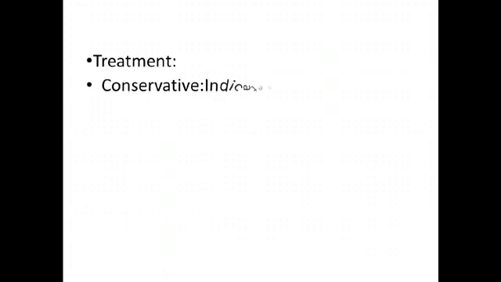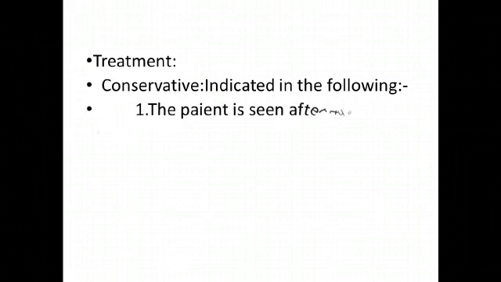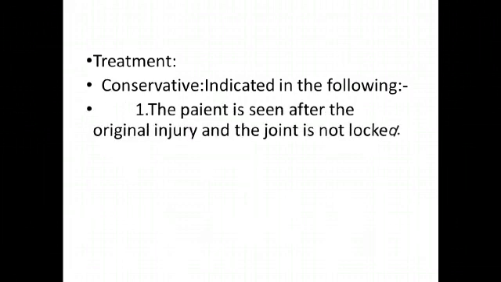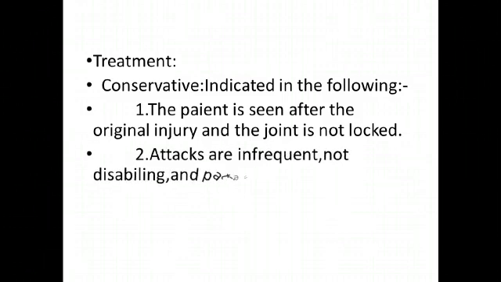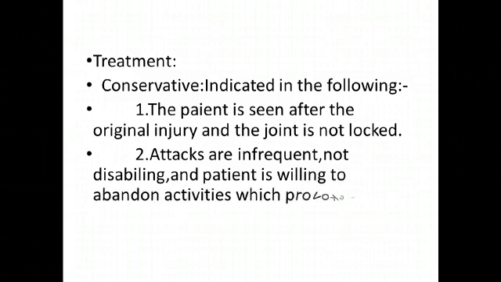Treatment: conservative is indicated in the following: the patient is seen after the original injury and the joint is not locked; attacks are infrequent, not disabling, and the patient is willing to abandon the activities which provoke them.